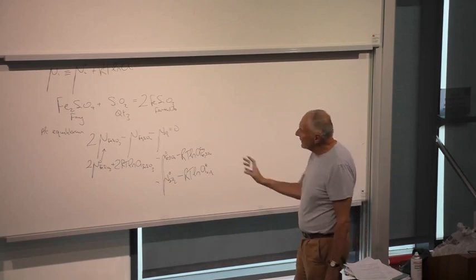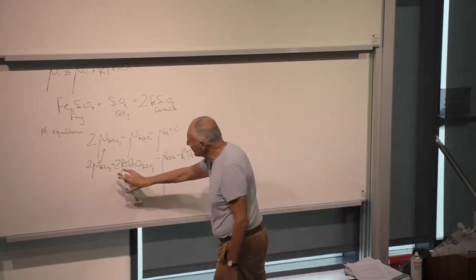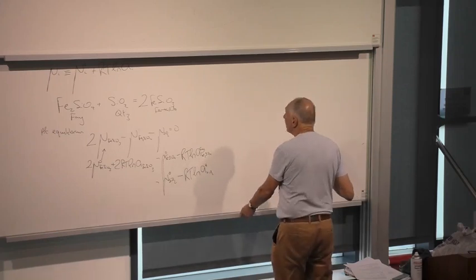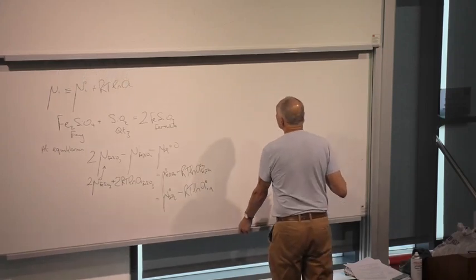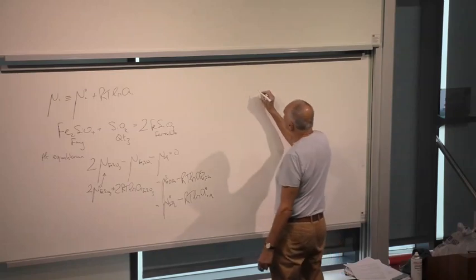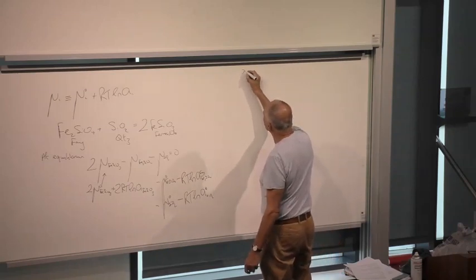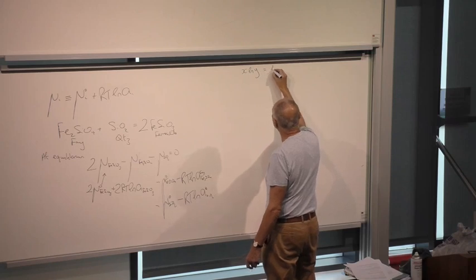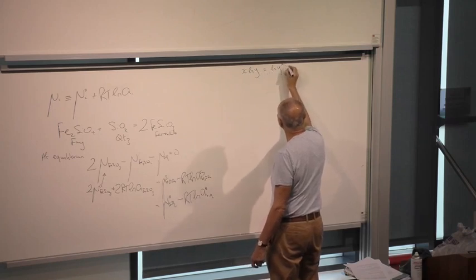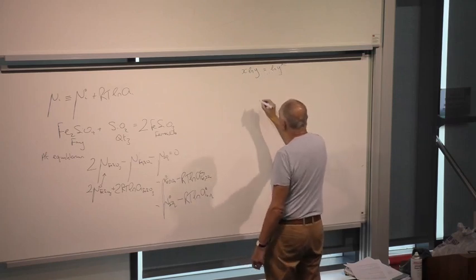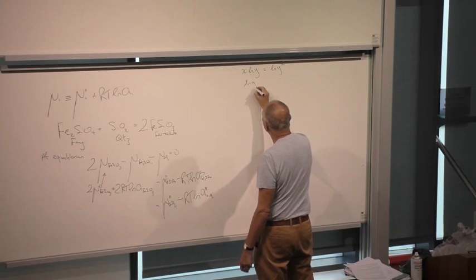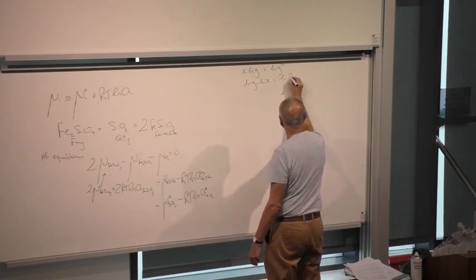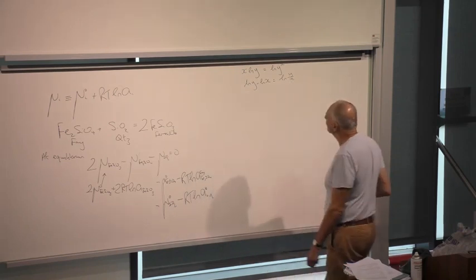Then if we collect the standard state values on one side and the activities on the other, and we use relationships like x ln y equals ln y to the x, and ln y minus ln x equals ln y over x. Remember those.